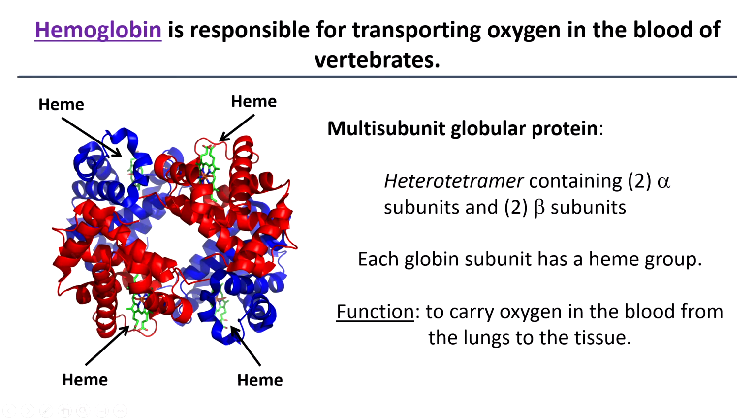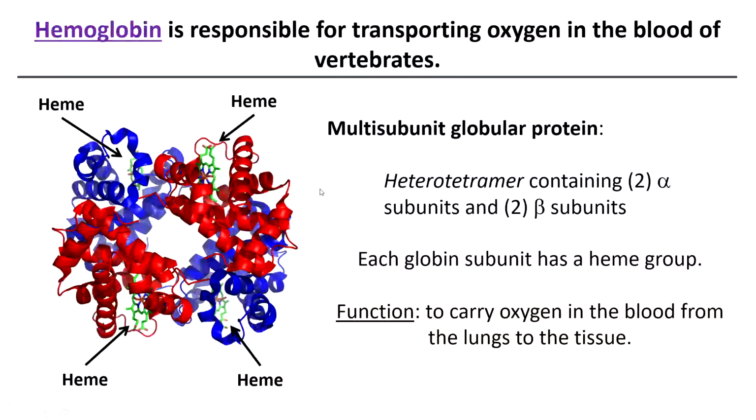The 2 alpha subunits would be in red, the 2 beta subunits would be in blue. This means that 2 different genes encode for these proteins, an alpha hemoglobin gene and a beta hemoglobin gene. And then those genes are transcribed multiple times so that you can get multiple copies of each of those proteins.